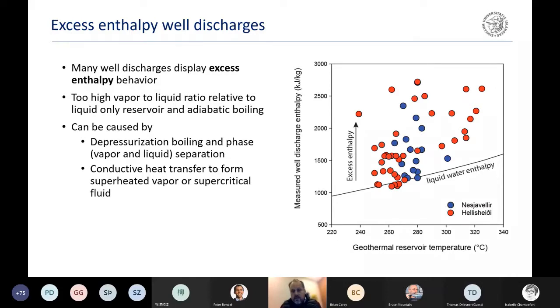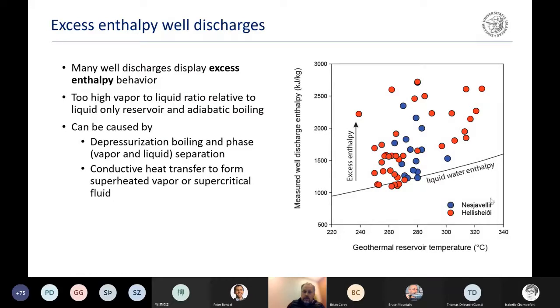But many boreholes that we drill and then discharge into these geothermal systems have too high a vapor to liquid ratio relative to the assumption of a liquid reservoir at depth, and then adiabatic or closed system, or actually isolated system, boiling from the reservoir to the surface. And this excess enthalpy is a very common feature of many geothermal boreholes.